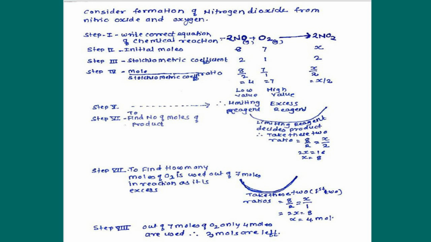So we have to take these two ratios. Now 8 upon 2 is equal to x upon 2. 8 upon 2 is the ratio of NO, that is nitric oxide. x upon 2 is the ratio of nitrogen dioxide. 2x is equal to 16. x is equal to 8 moles of NO2.